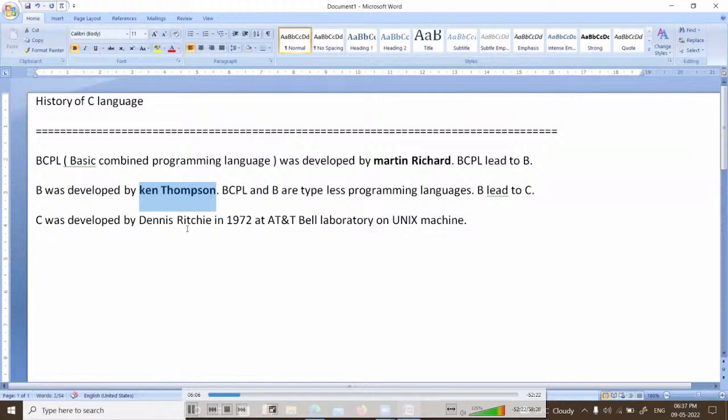You should write a main method compulsorily. It is very, very important. It is the core of any program, right?